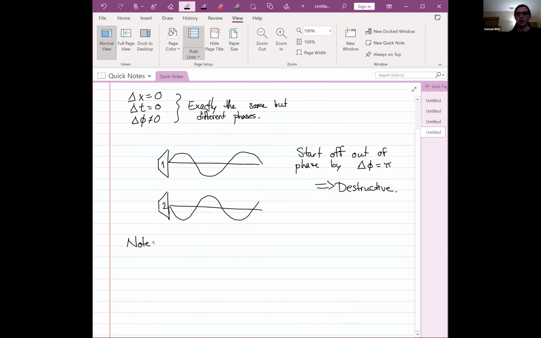Now, just as an aside, because this will just make things easier, we're not really going to worry about how long speakers have been turned on going forwards. Instead, let me write this out. So instead of talking about time differences, we're just going to give them the same stopwatch, i.e., we're going to start time for both of them at the same time, and we're just going to adjust t equals 0 so that the change in time can be absorbed into the phase change.